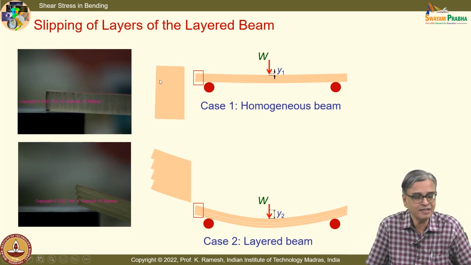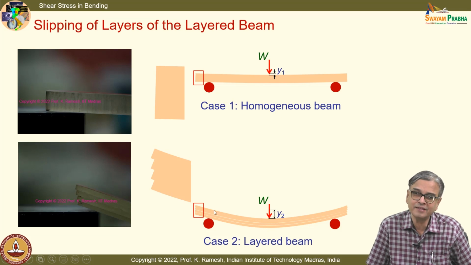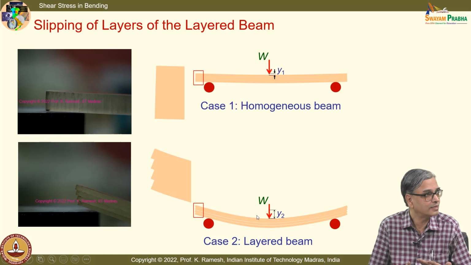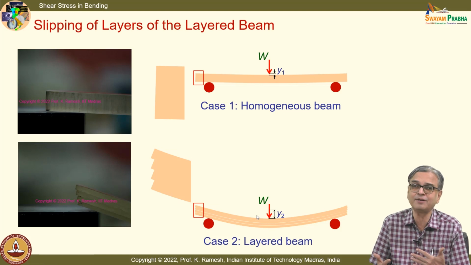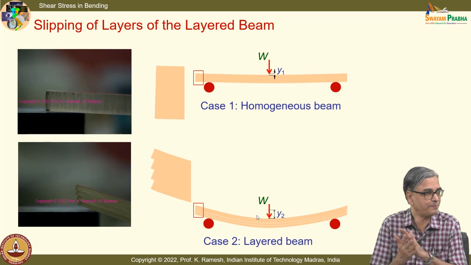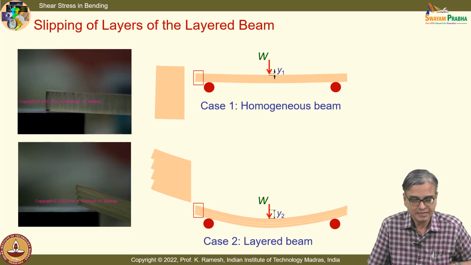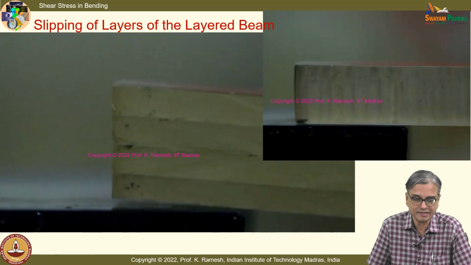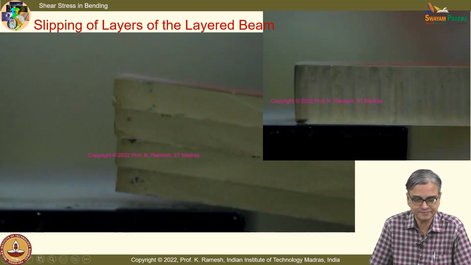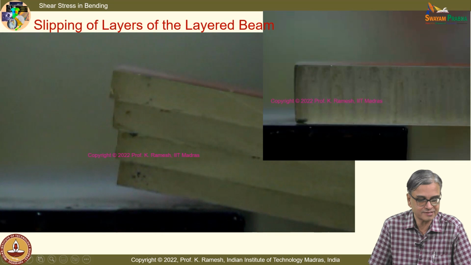That is the reason why this edge remained straight. That was missing when I have a layered beam. So the layered beam is free to move, and it has utilized that freedom to come out, slip between the two. And what we would do is, we would see this in an enlarged fashion, and you see this animation.